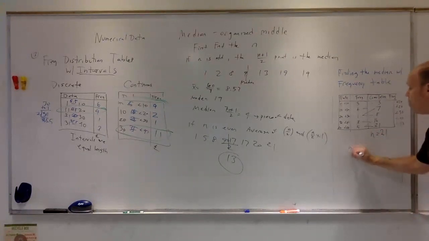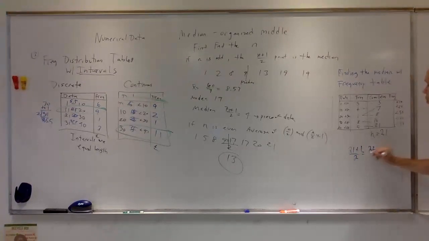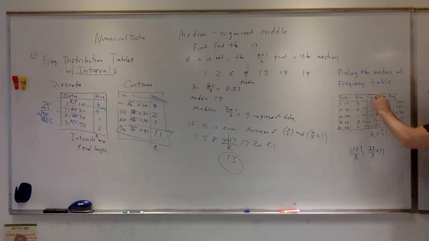So it's 21 plus 1 divided by 2. 22 divided by 2 is 11. So we go to the 11th piece of data. We have 3, 7, 8, 16. This is where the 11th piece of data is.